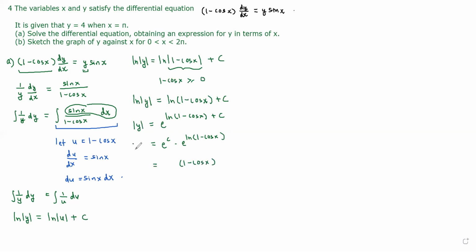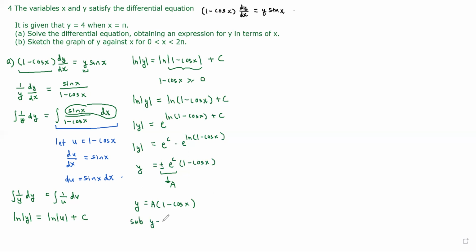And if we lose the modulus, then we have plus or minus e^c, which we can replace with a. Then we have y equals a(1 - cos x). We are given the initial condition that when y is 4, x is pi.